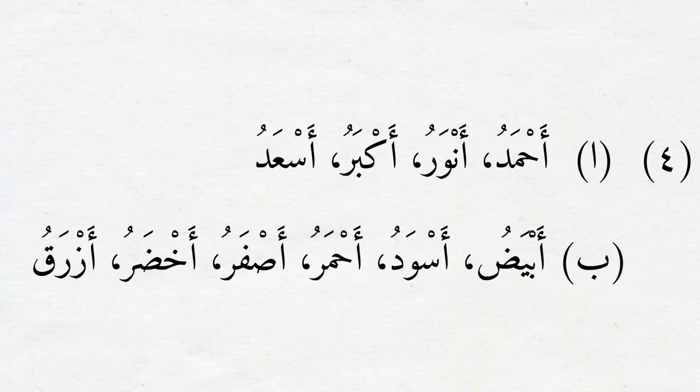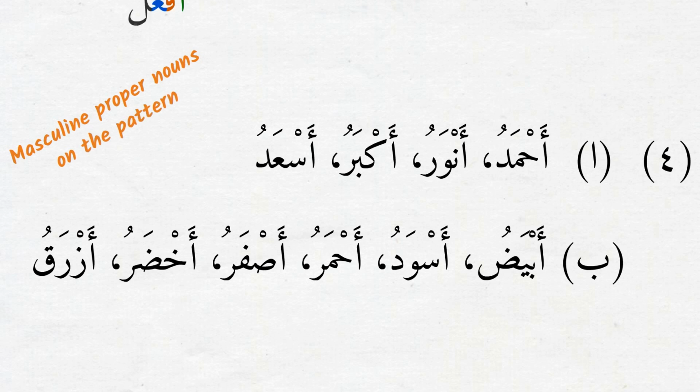The group number 4 also has two subgroups with similar patterns. Part alif, masculine proper nouns that follow the pattern أفعل, for example أحمد, أنور, أكبر, أسعد.